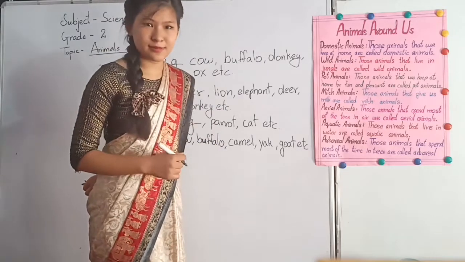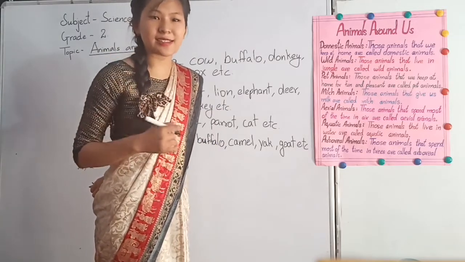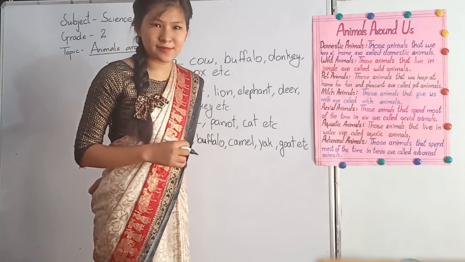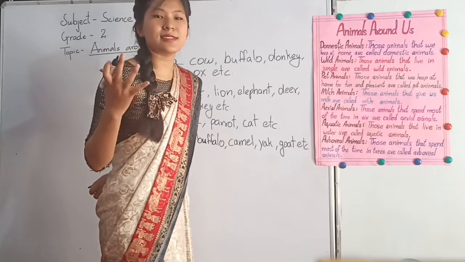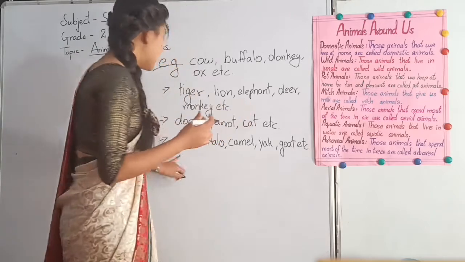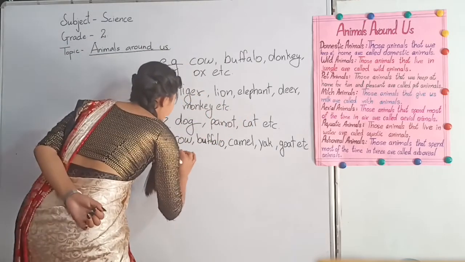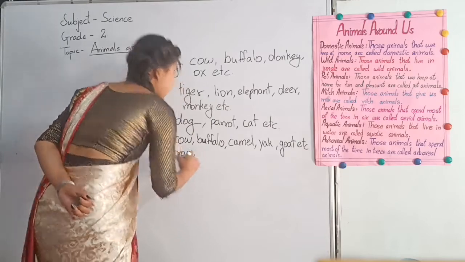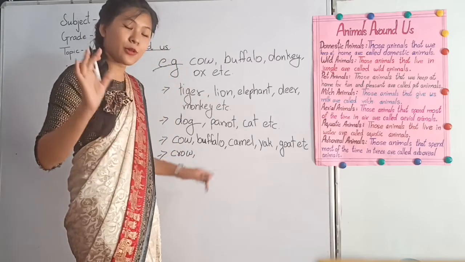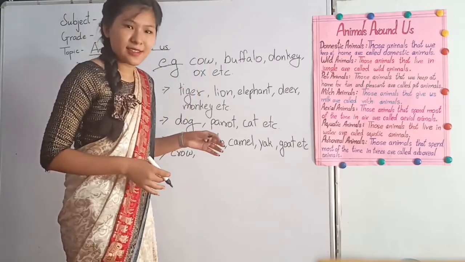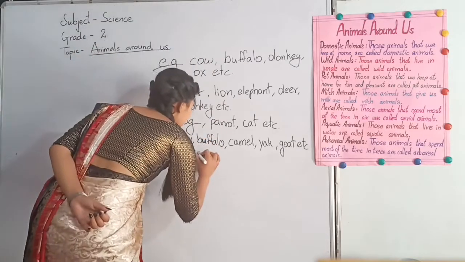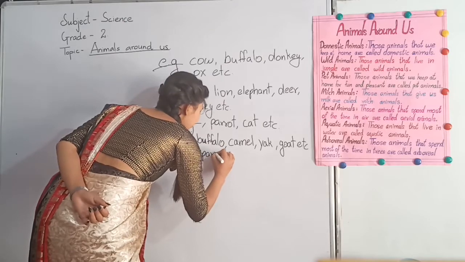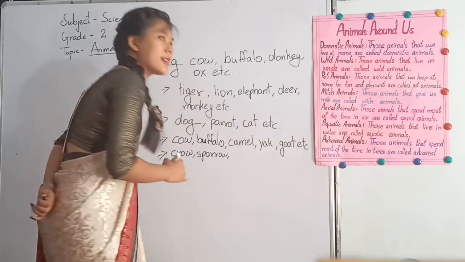Like birds. Birds fly in the sky, yes or no, dear students? Yes, birds fly in the sky. And birds like what? Crow. We see crow and crow flies in the sky. Yes. Next example is sparrow.